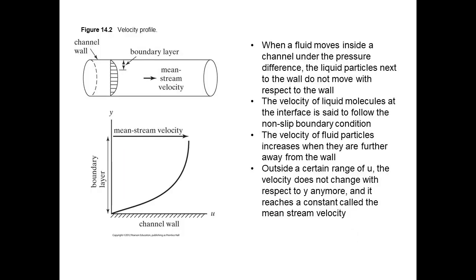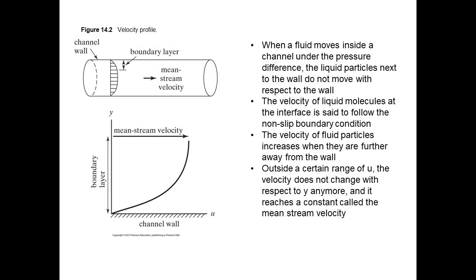Slide number 21 is interesting because you can see the profile of the fluid velocity. When a fluid moves inside a channel under pressure difference, the liquid particles next to the wall do not move with respect to the wall. The velocity of liquid molecules at the interface is said to follow the non-slip boundary condition.